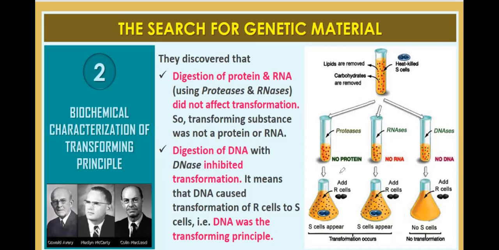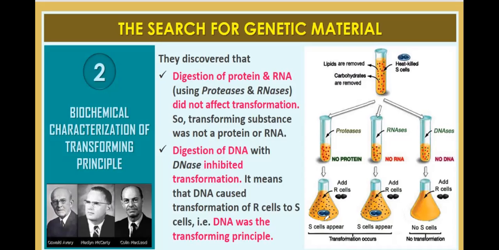So when there was no protein, R cells were added, then S cells appeared. With no RNA, they added R cells, then S cells appeared. So when protein was not there and RNA was not there, there was a transformation. It means what was there? DNA was there.